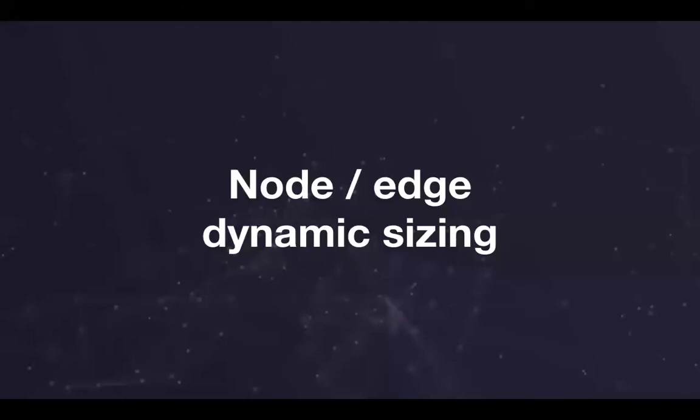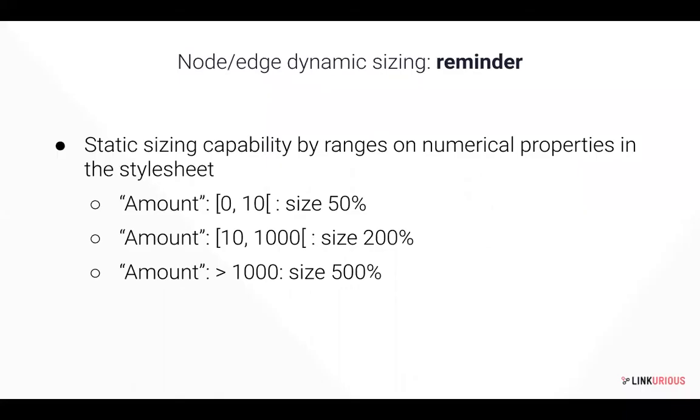Moving on to our next topic, which is node edge dynamic sizing. Quick reminder about the sizing. Up until 210, we had static sizing on ranges for numerical properties, and this could be done from the style sheet.